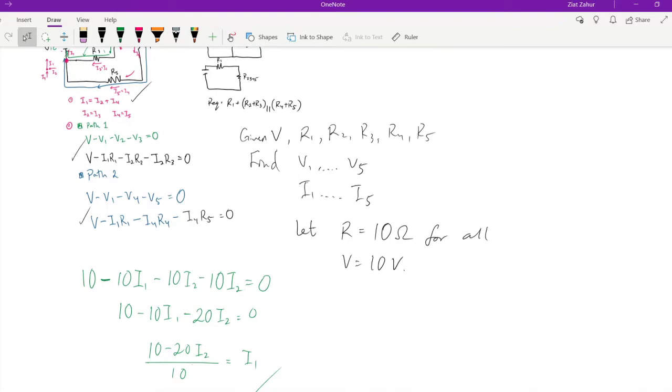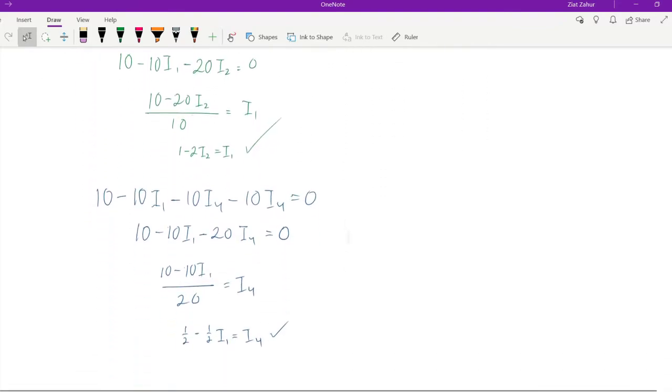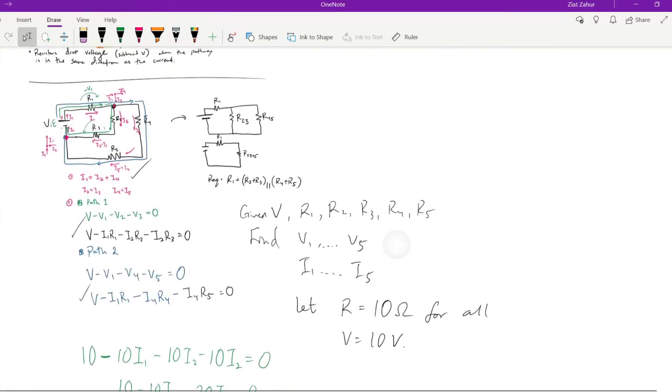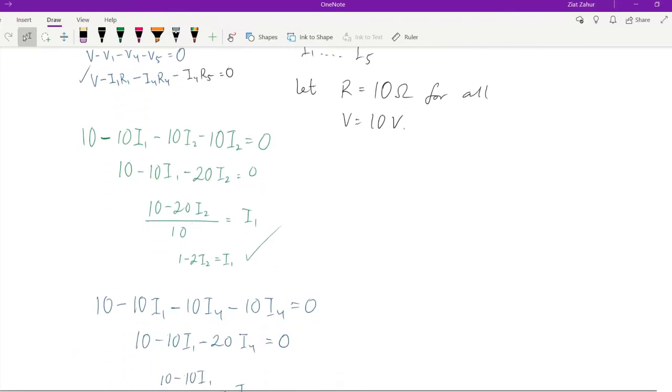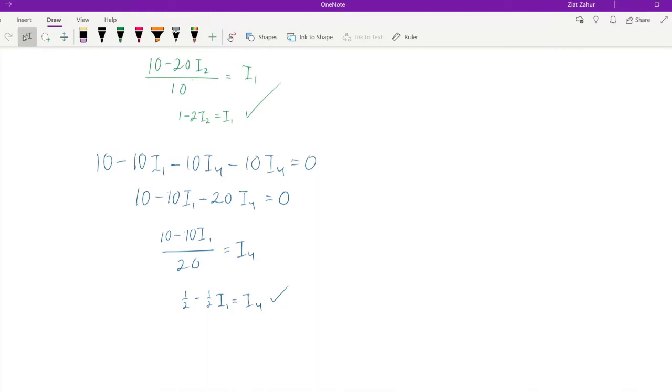How do I use the junction rule equation to solve for one of the variables? Substitute for I1. Oh, okay. Do you want to substitute I1 into I4, or do you want to substitute I2 into the I1 equation?